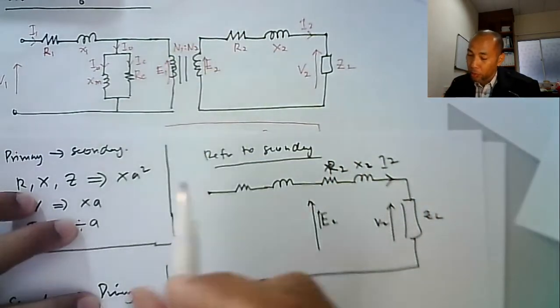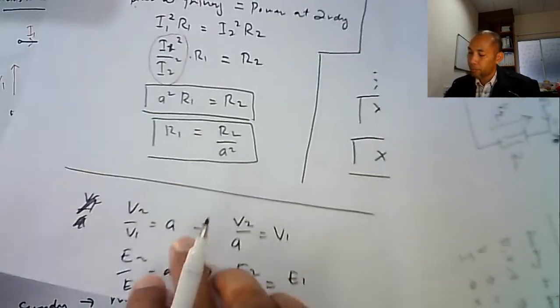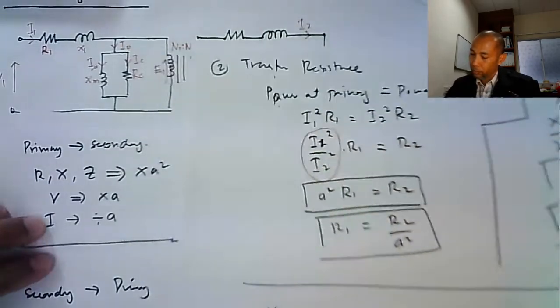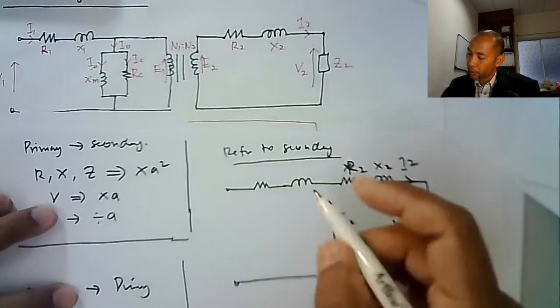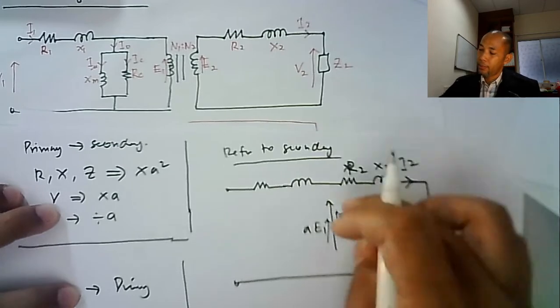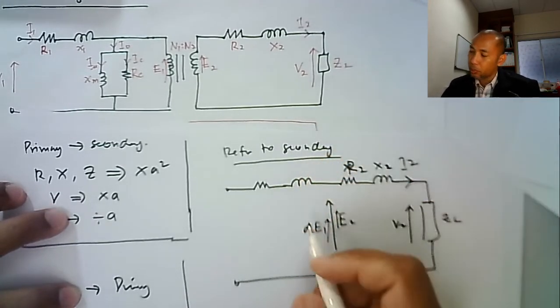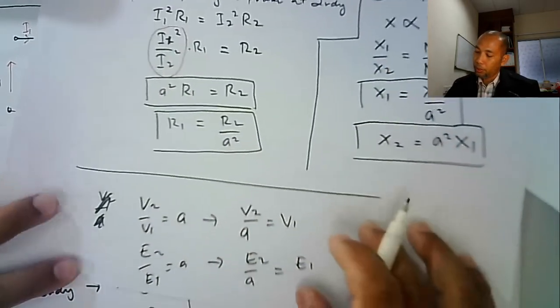E1 we have to transfer to E2 with times A. So E2 equal to A E1.